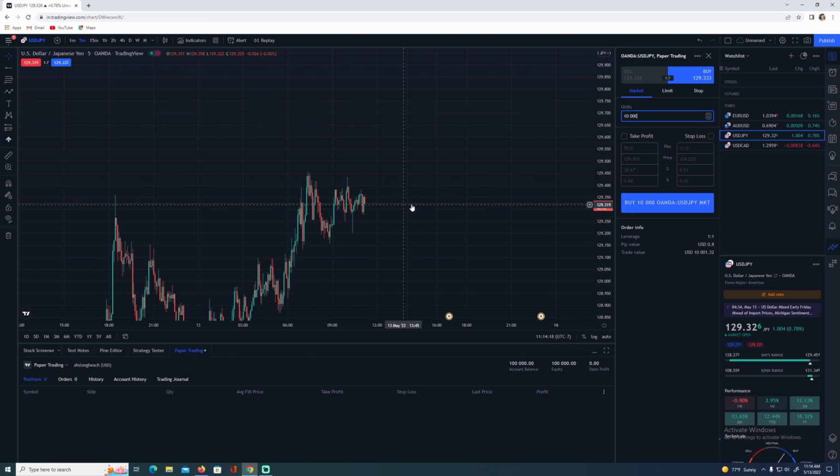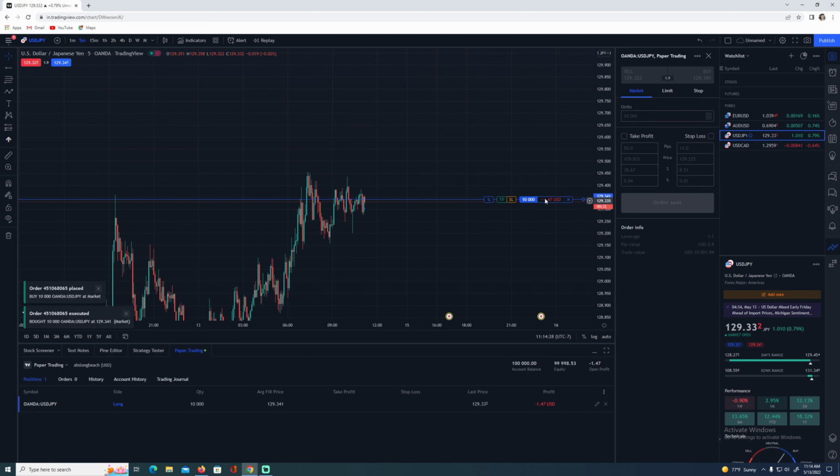basically what it says. We want to buy it at whatever the current price is. So if I place buy right now, I just place an order for 10,000 euros at the current price. Okay? And now if price starts to go below that order, I'm losing money.